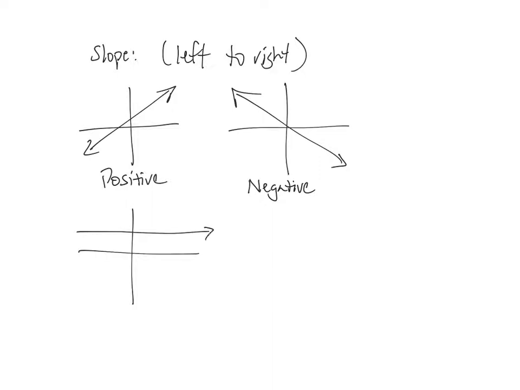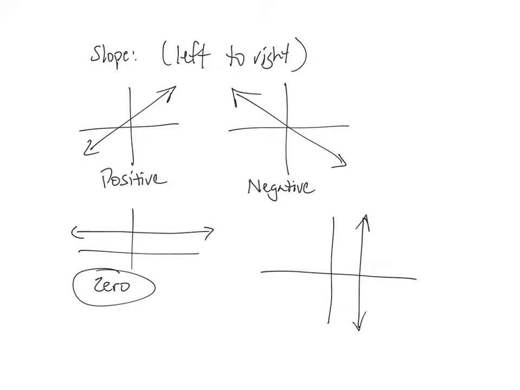If you had a line that is perfectly flat, the slope is 0. It has no slope, but it's not like no solution or anything, just the slope is 0. And if you had a line that was completely vertical, we say this has undefined slope.